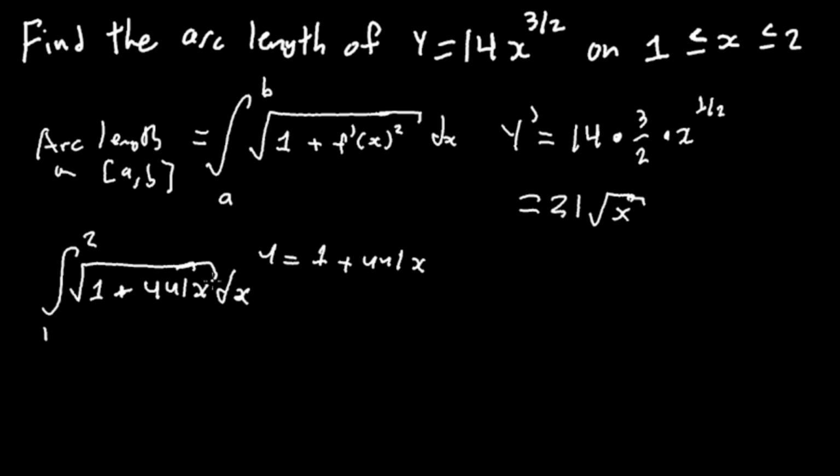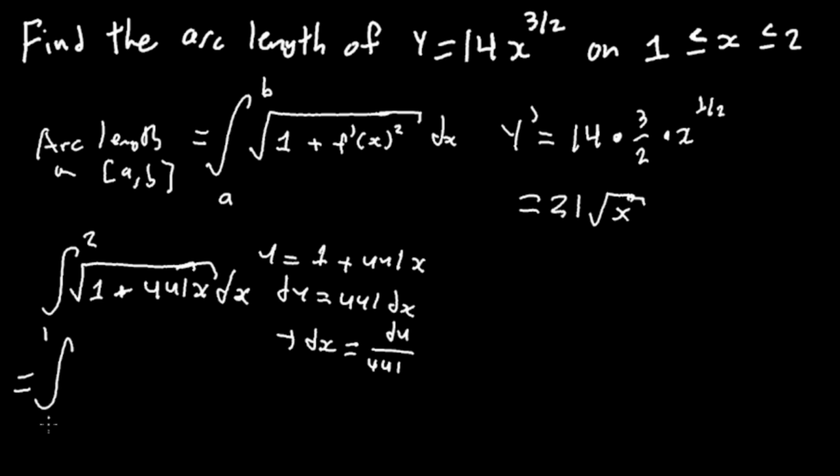If it was like x squared, then our du would have an x term in it, which we don't have. But since it's just 441x, that'll differentiate to du equals 441 dx. And we can solve for dx by dividing by 441. And this works out quite nicely.